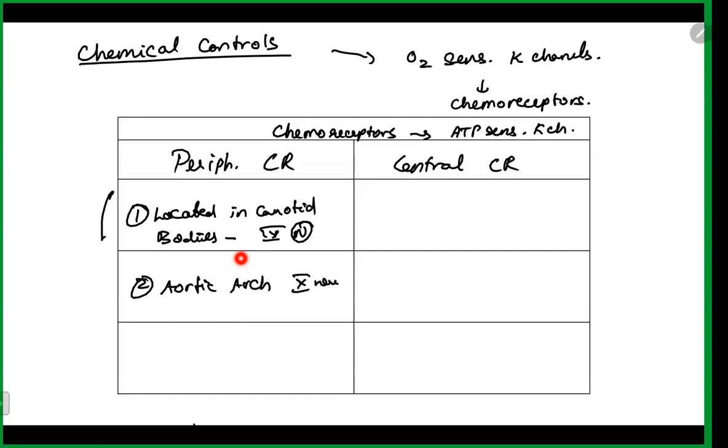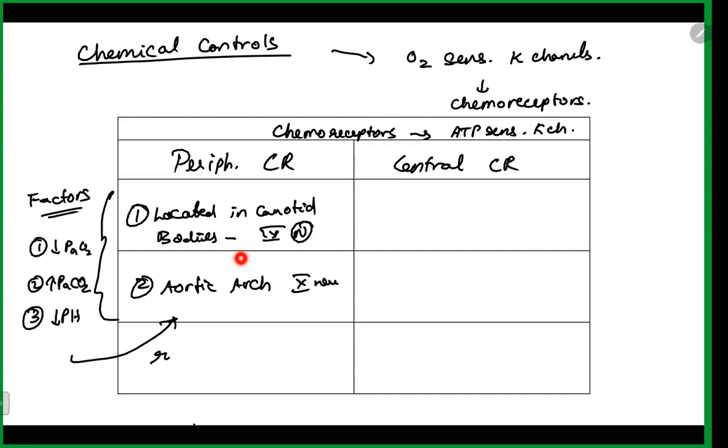So what are the factors that are going to be involved here? Whenever there is a decrease in the PaO2 level, an increase in the PaCO2 level, and a decrease in the pH, they recognize these changes in the circulating blood.